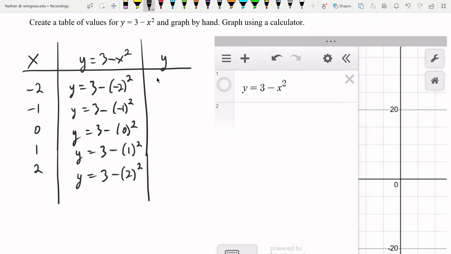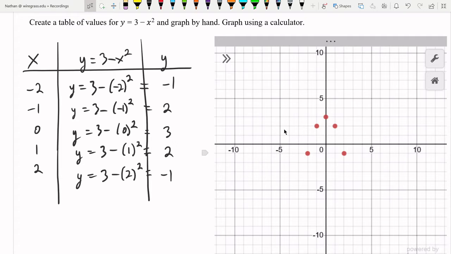Now for the y values, all we have to do is calculate these out. 3 minus negative 2 squared is 3 minus 4, that's negative 1. 3 minus negative 1 squared is 3 minus 1, so that's 2. 3 minus 0 is 3. 3 minus 1, 2. And 3 minus 4, negative 1.